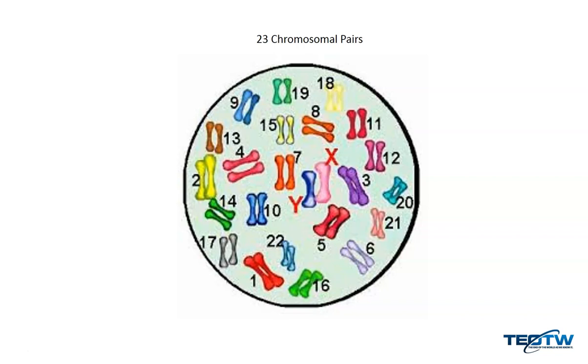So it's an analysis and comparison of the 22 pairs and the genes on those chromosomes to see where your relationship is on that. So that's how you determine family lineage. So autosomal, the test you get at ancestry.com, that is how you determine your family, right? Or the generational relationship.